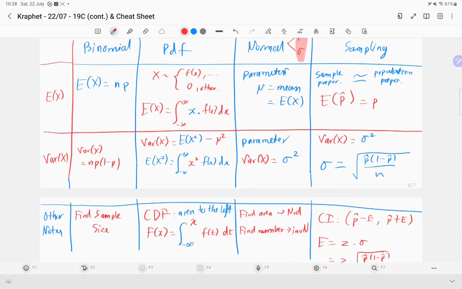Sometimes you get the probability, and then you find the number of trials needed so that the probability is at least a certain amount. And that's the one where you have to remember the table thing. You have the probability fixed, and then for each sample size you calculate the probability of getting more than a certain number of successes, and then you see which sample size or number of trials makes the probability higher than the one you're looking for. Does it make sense? Remember that?